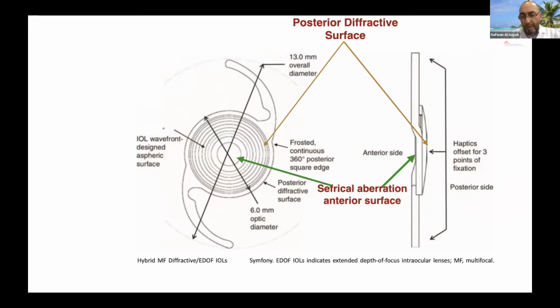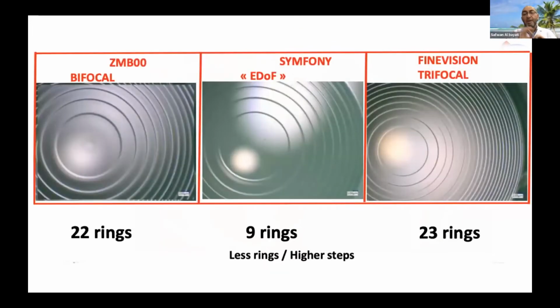Now, if we go back to compare, and this is a very important comparison between the bifocal, which has 22 rings, and Symphony, which has only 9 rings.